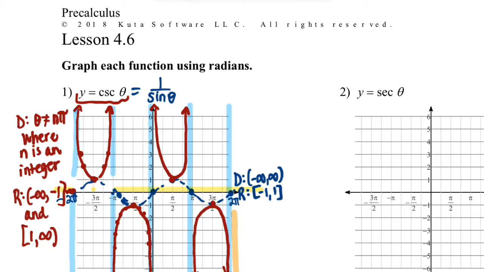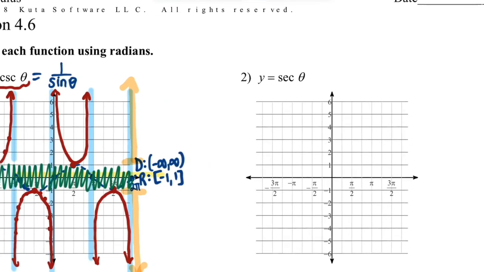Negative infinity to negative 1, and then positive 1 to positive infinity. So you will never, ever, ever have ratios for the cosecant curve that are between negative 1 and positive 1. That just won't happen.